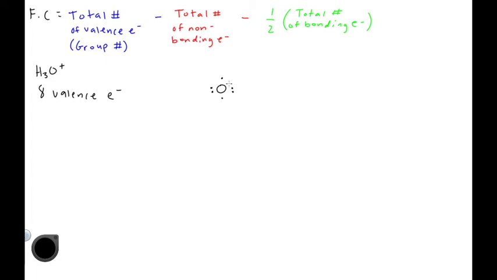Actually, let's connect our hydrogens next. So we want to connect our hydrogens to the free electrons, so the electrons that do not form a pair. So we have 1 free electron right here, so let's connect our hydrogen to here. And we have 1 free electron down here, so let's connect our hydrogen down here.